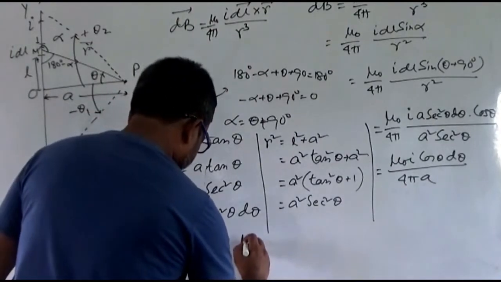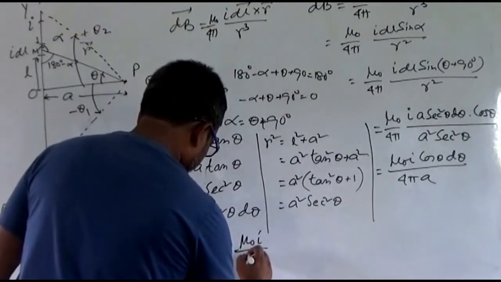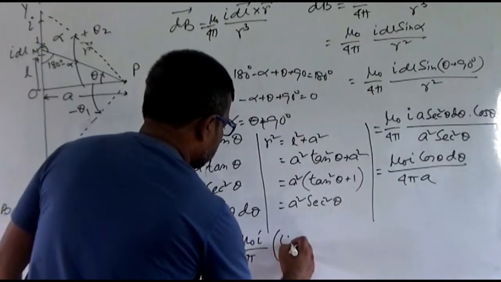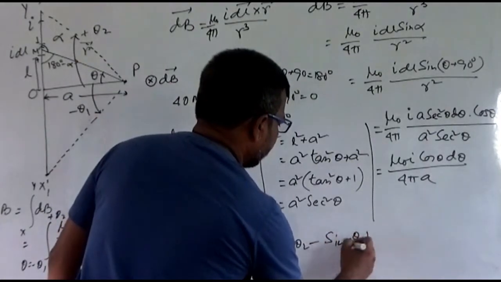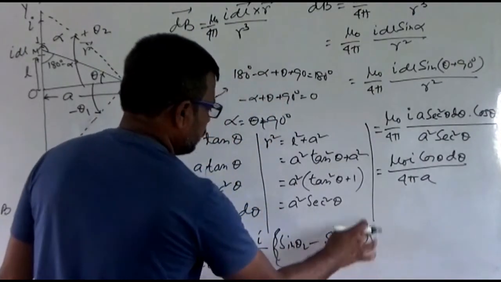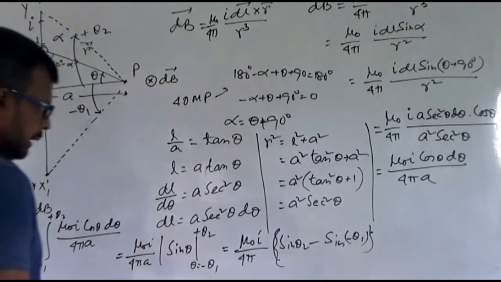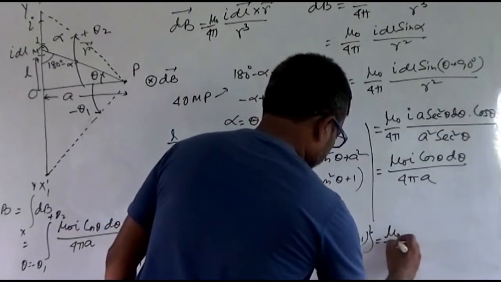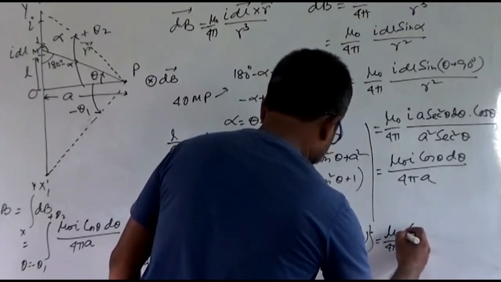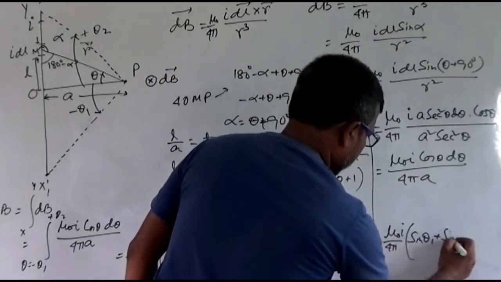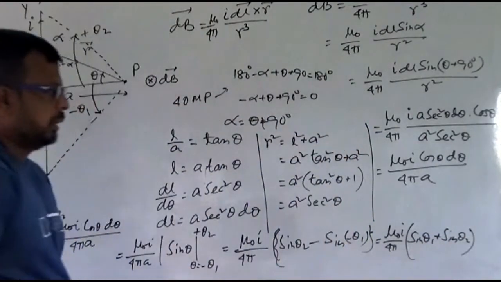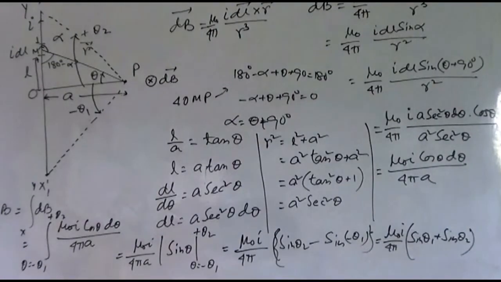Therefore, we get mu naught I by 4 pi a, sin theta 2 minus sin of minus theta 1, our upper limit minus lower limit, and we get mu naught I by 4 pi a sin theta 1 plus sin theta 2. This is the magnetic field at point P due to the whole current carrying conductor, that is the XY conductor.